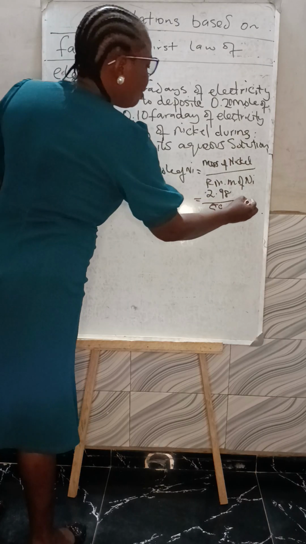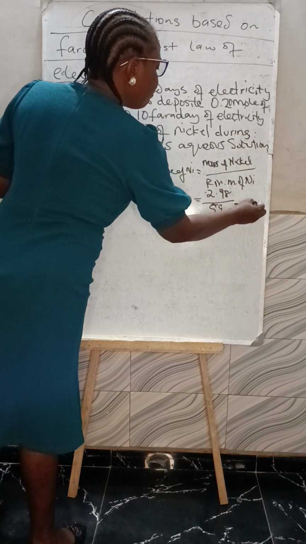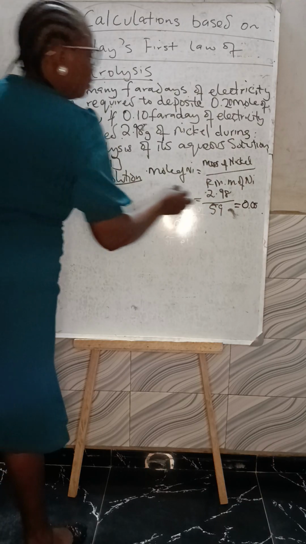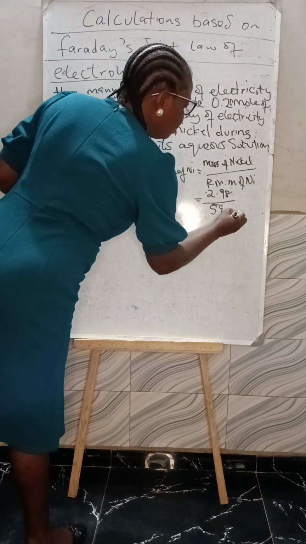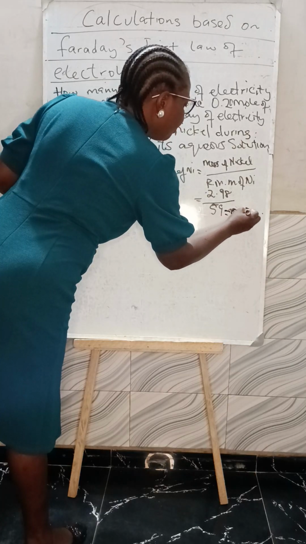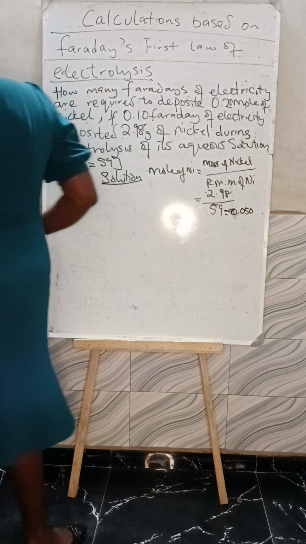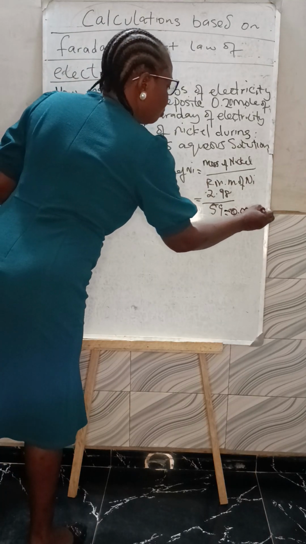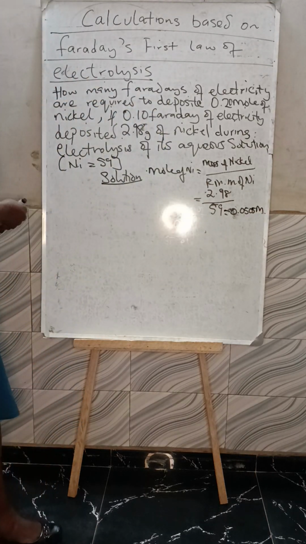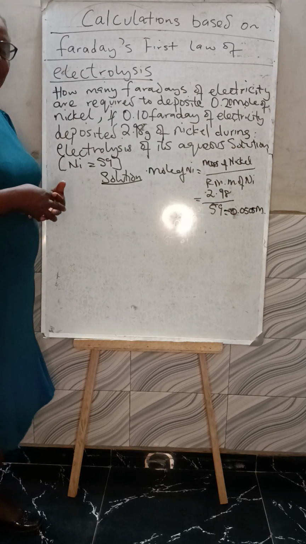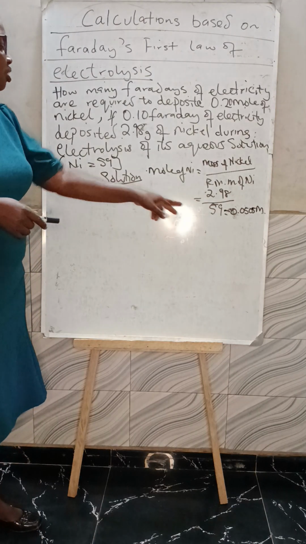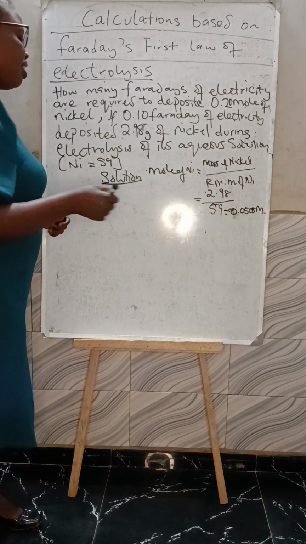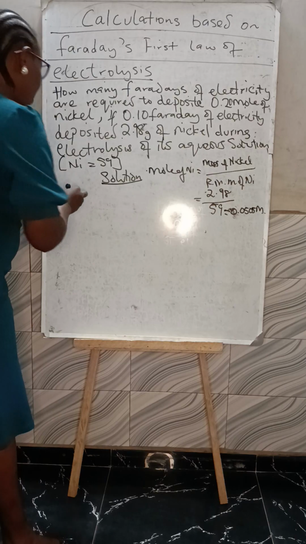If you divide it, it gives us 0.05 mole. So the number of mole of nickel that was liberated is 0.05 mole of nickel. Okay, let's continue now.